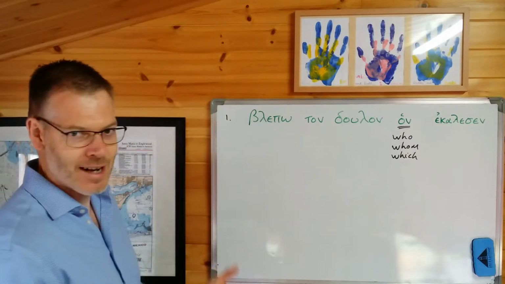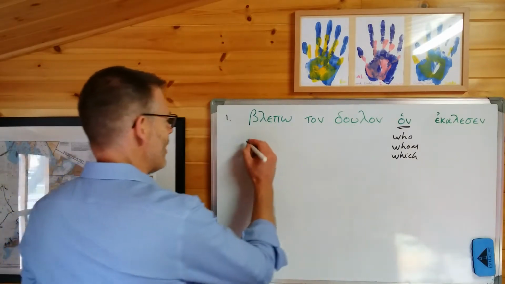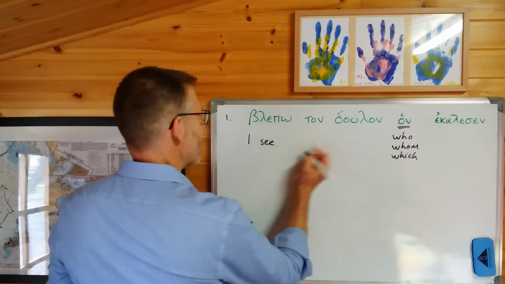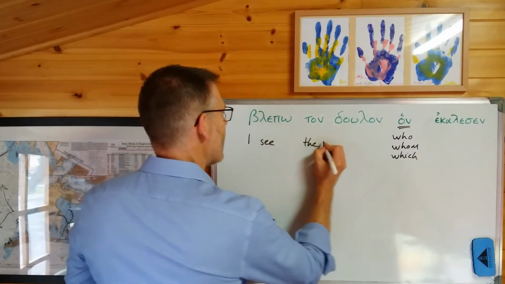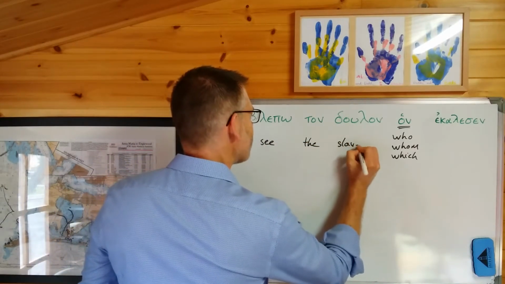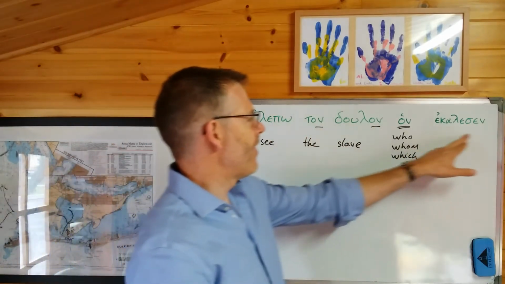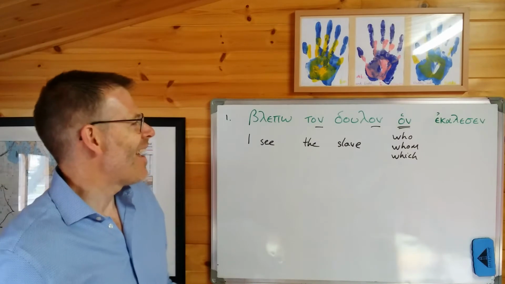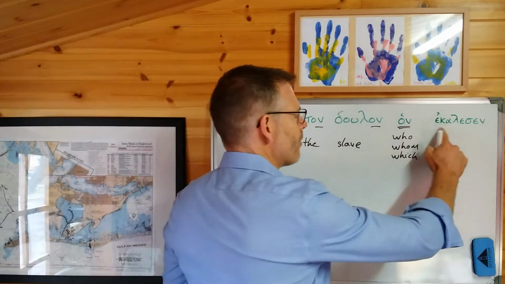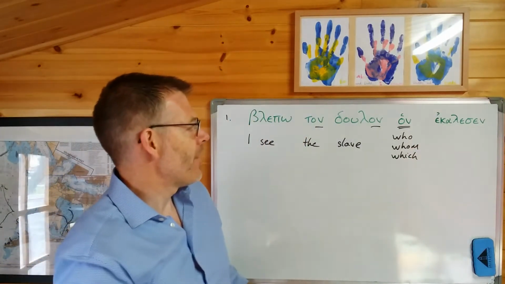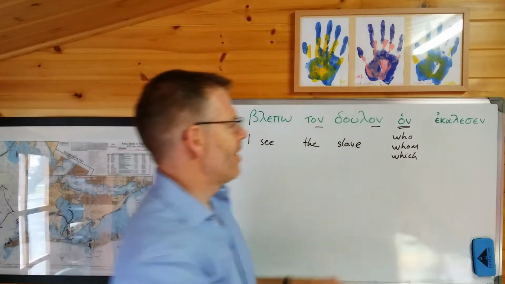Blepo ton doulon, I don't need to navigate you through that. Blepo, I see; ton doulon, the slave, accusative, the object of this verb. And then you've got another verb over here, ekalesen. Well, this is from kaleo, and it's aorist, isn't it?